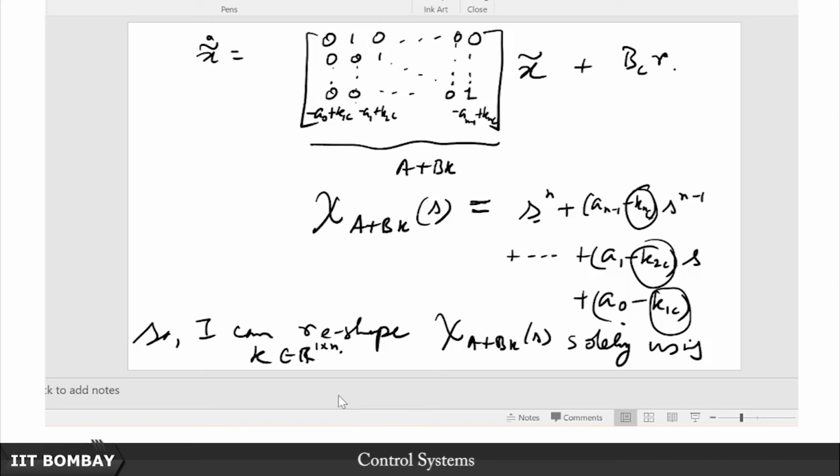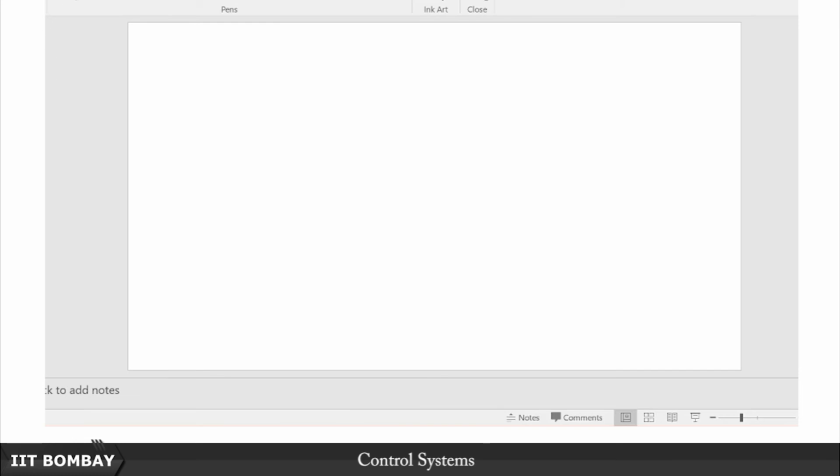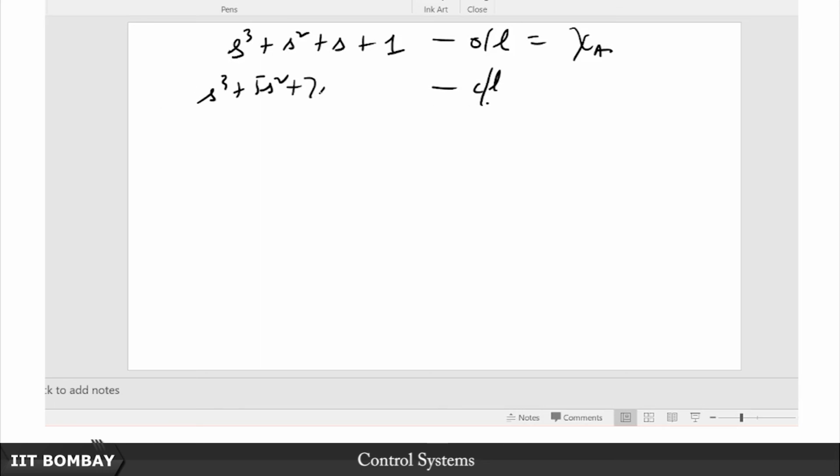So for example, suppose my open loop polynomial is s cubed plus s squared plus s plus 1, so this is my open loop, equal to chi of A, and suppose my desired closed loop is s cubed plus 5s squared plus 7s plus 8.